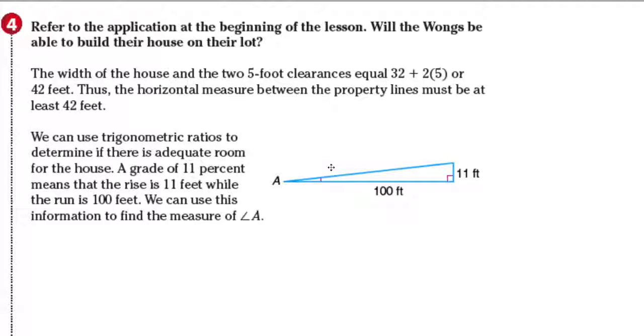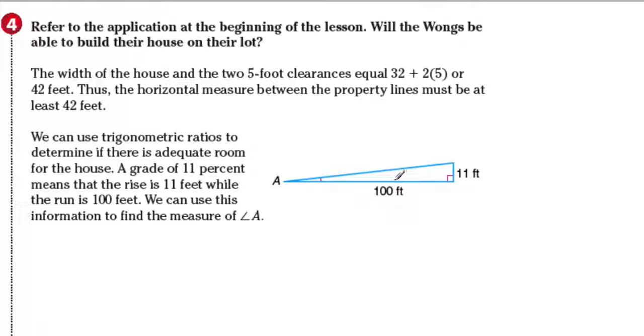From there we can find the measure of angle A. If you review your trigonometric ratios, how is 100 related to angle A? It's adjacent. And how is 11 related to angle A? It's opposite.